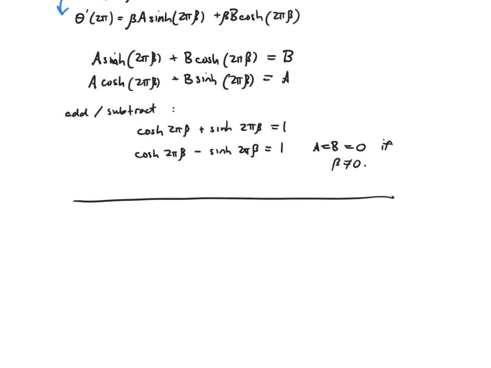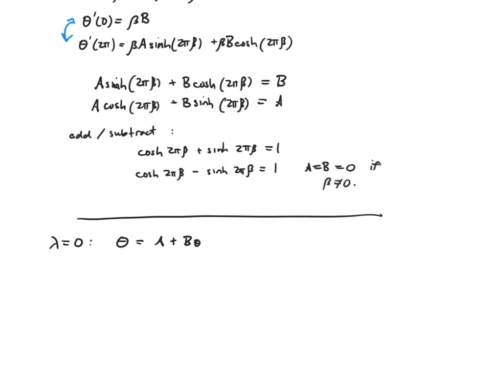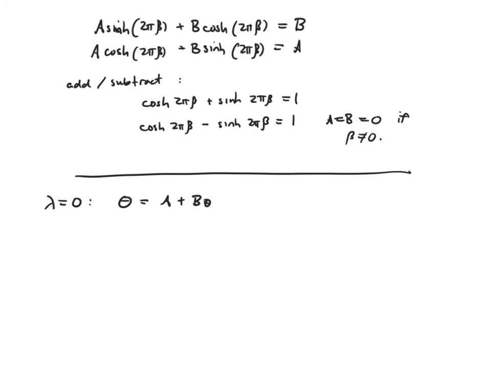What do we got up next? Lambda equals 0. My theta solution is A plus B theta. Theta of 0 is equal to A, which equals theta of 2 pi, which is A plus B times 2 pi.